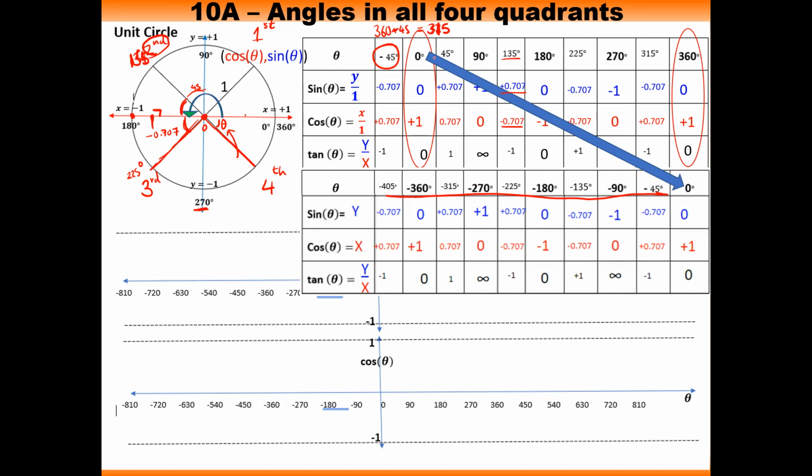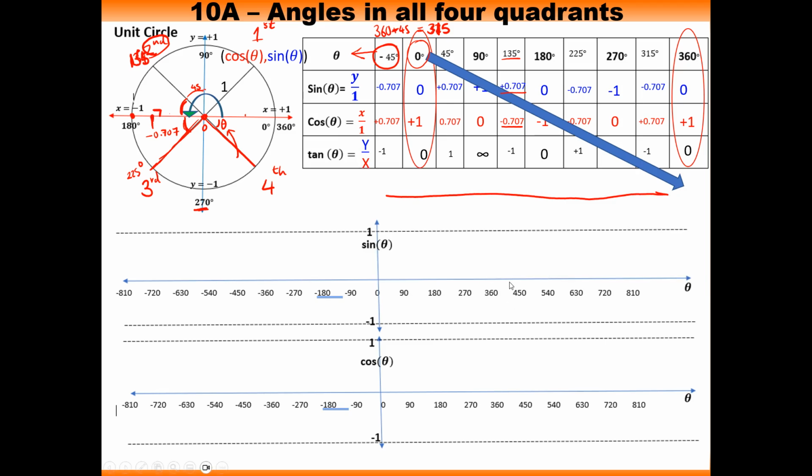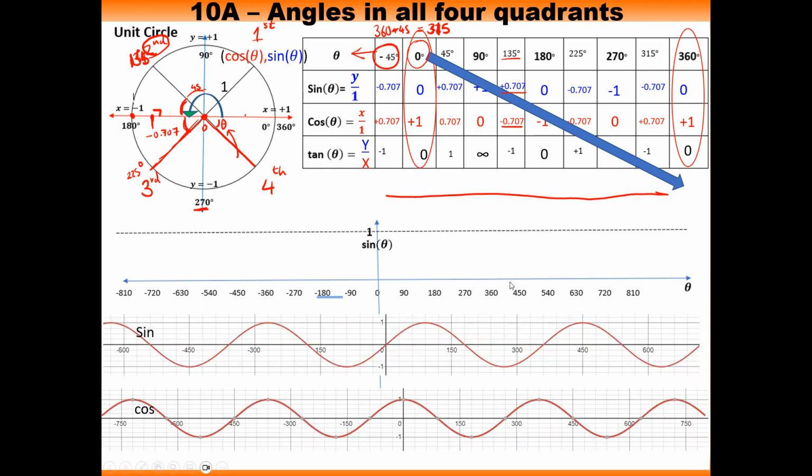I'm putting the negative angles here for you, going back from that zero there. There's no space for me to write to the left, so I put another table here for you. All these values repeat themselves. Once you start plotting them, you get these two nice curves. I've used Desmos graphing calculator here for you.